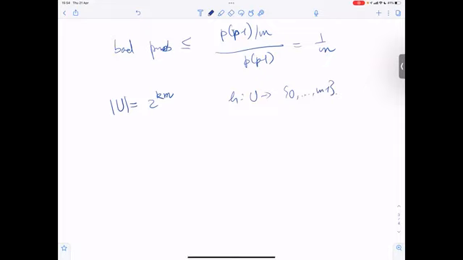So suppose U is 2 to the km. Therefore you can represent a key with km bit numbers.